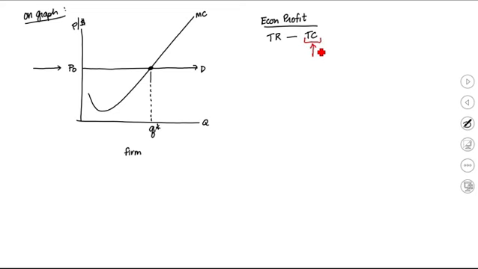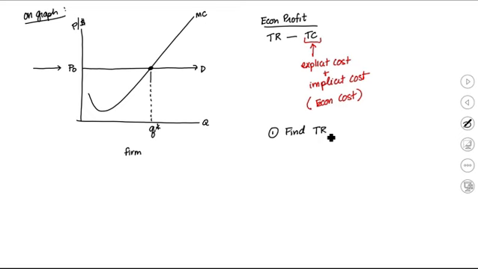So when we subtract off total cost, we're subtracting both our explicit and our implicit costs. In other words, we're subtracting off economic cost. All right, everybody with me? So we're subtracting off economic cost because I want economic profit.